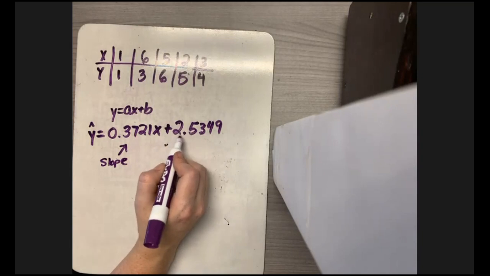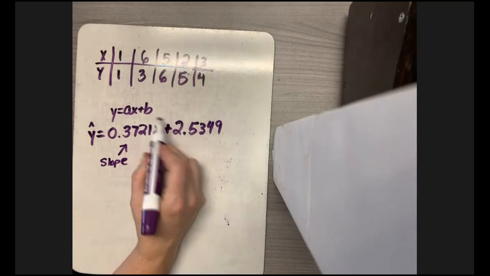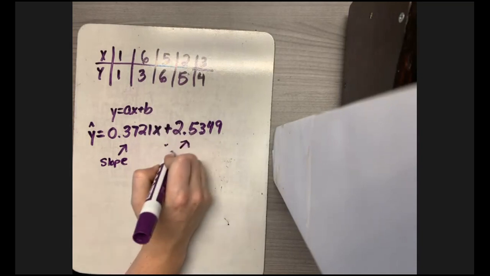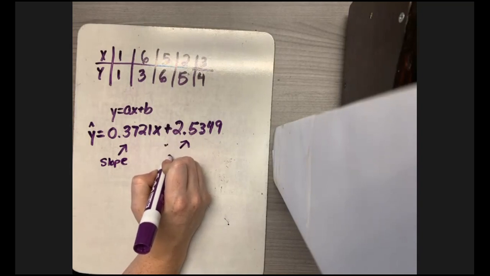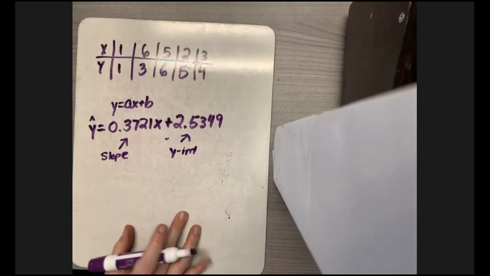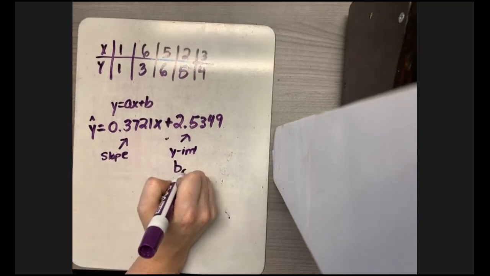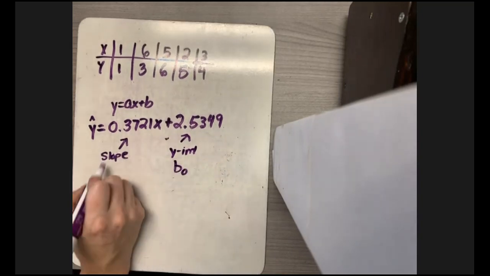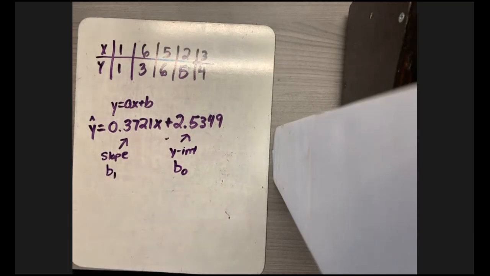And then my Y intercept, my B value, was 2.5349 when rounded. Our book called this B naught and this B1. So these were things that our book had. This is how you find it with a calculator from a data set.